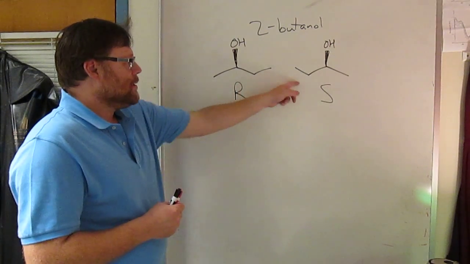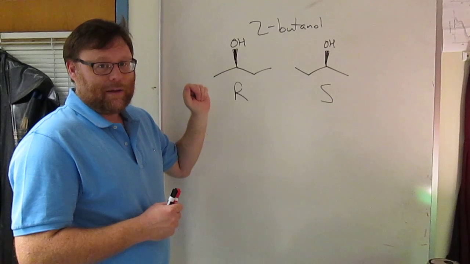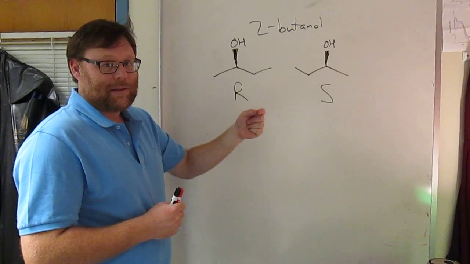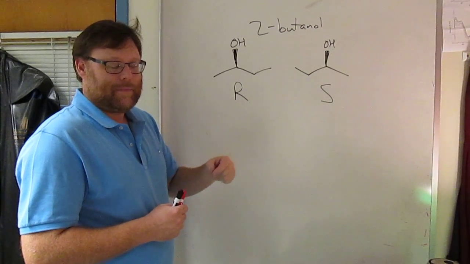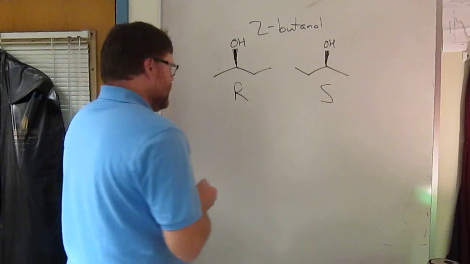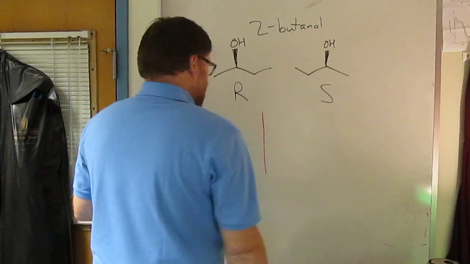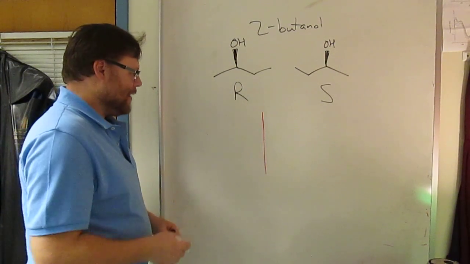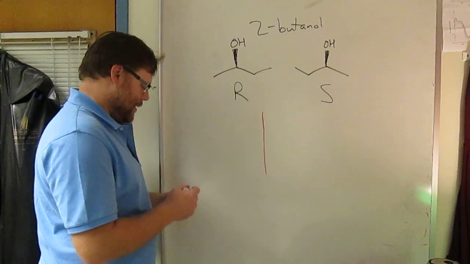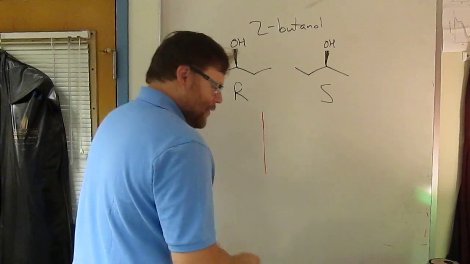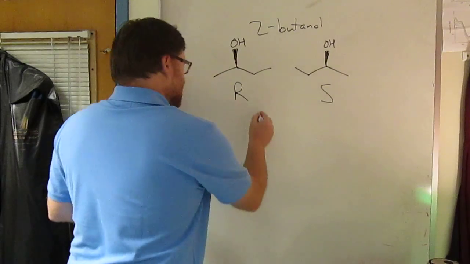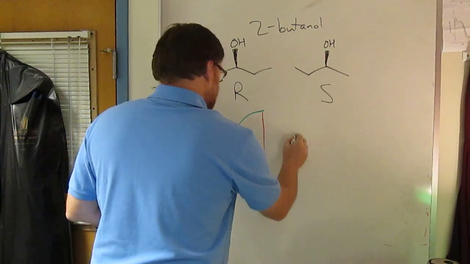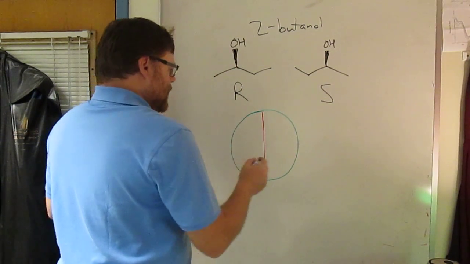And what that means is two enantiomers of a given molecule will interact with that plane polarized light differently. So how does that happen? Well, let's say that's the plane of polarization. Here's my high-tech gizmo to show that. So we've got light that's polarized in that plane.